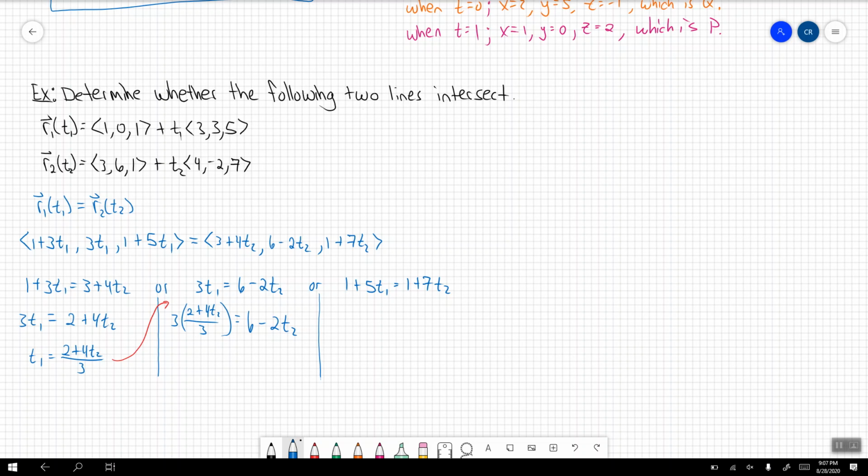Notice the 3's will cancel within that substitution, so now we get 2 plus 4t sub 2 is equal to 6 minus 2t sub 2.